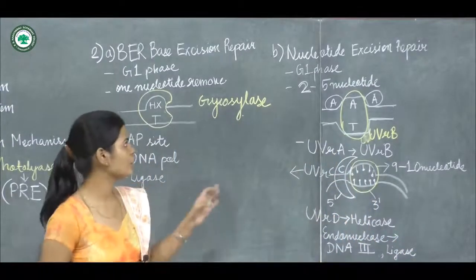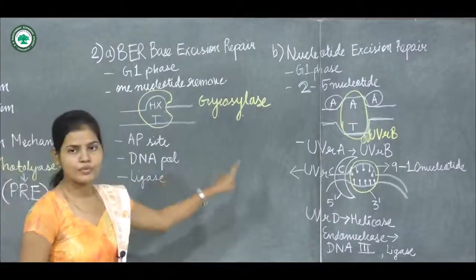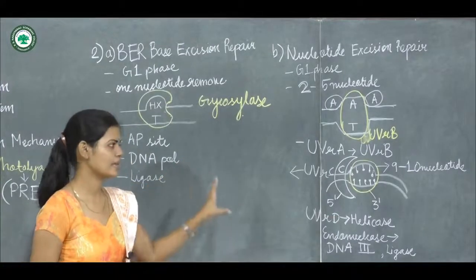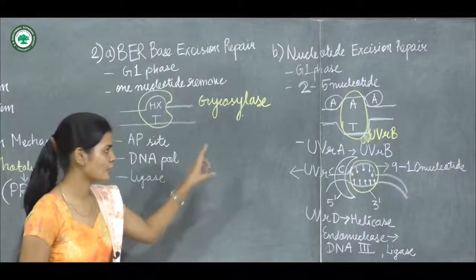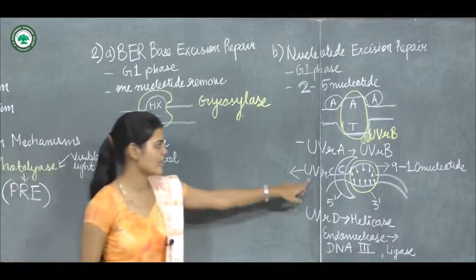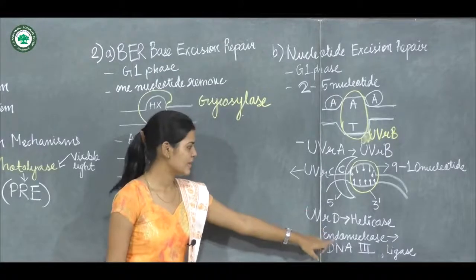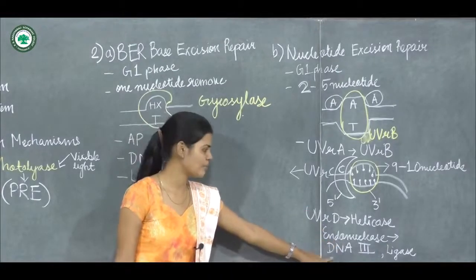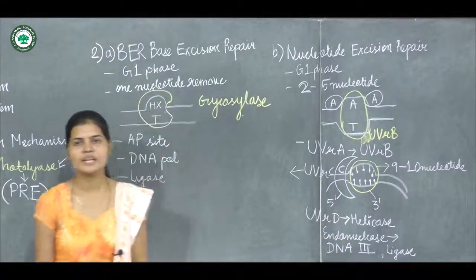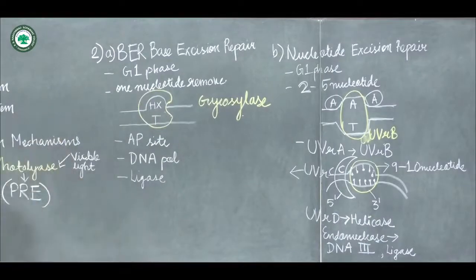So this is nucleotide excision repair. There are different enzymes involved in this repair mechanism, that is UVRA, UVRB, UVRC, UVRD, then endonuclease, DNA polymerase III, and ligase.